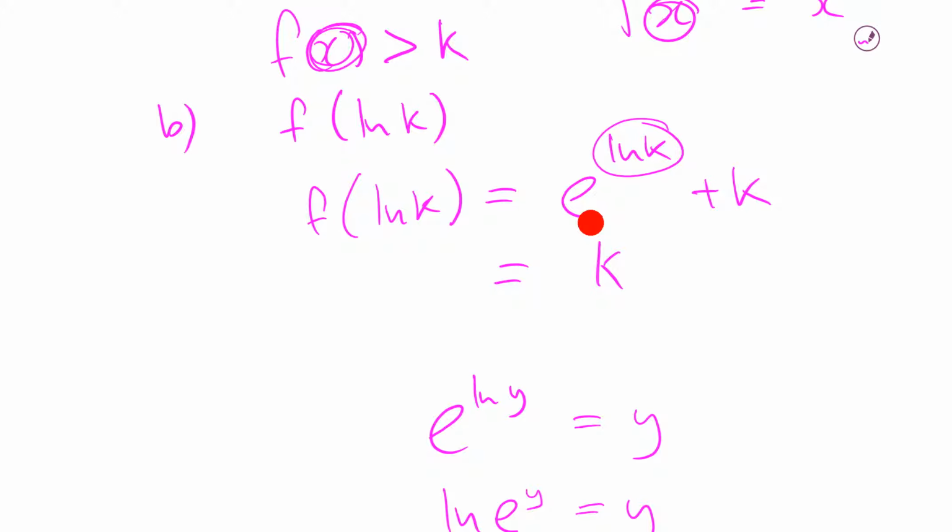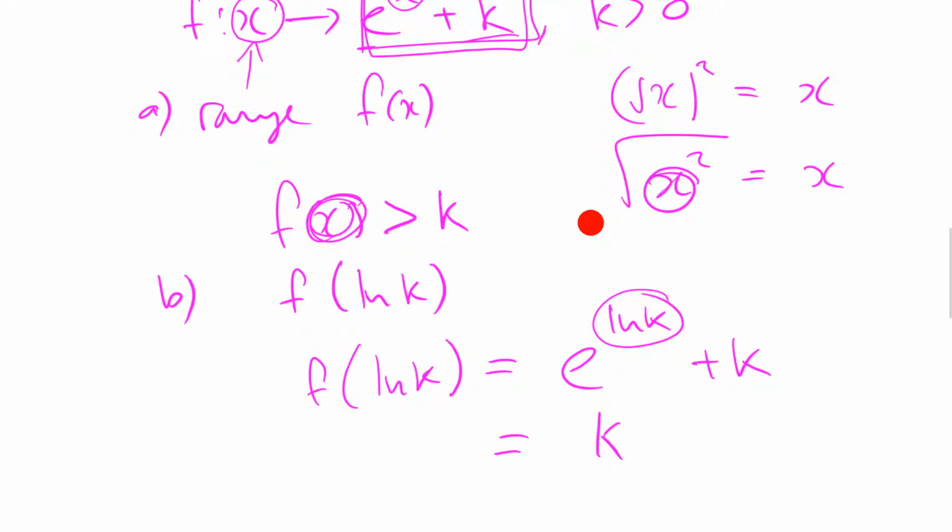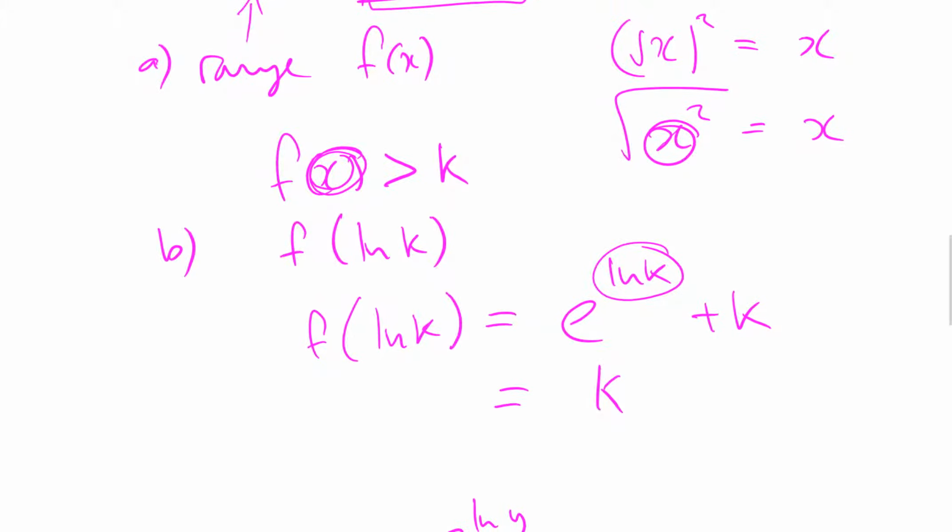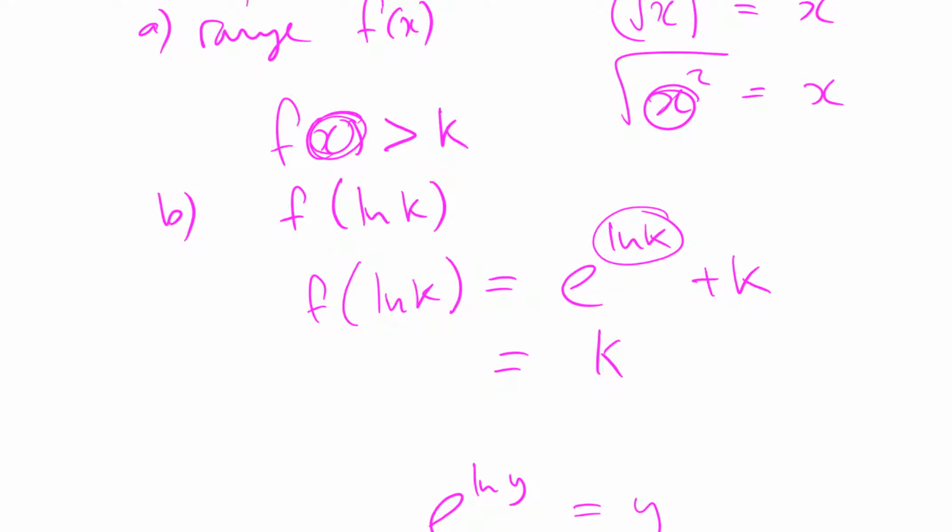They look weird because you're used to saying square root of x and x squared. You have to remember that ln and e to the are opposites, so that's how it works. So e to the ln k is k, and then you've got plus k, and that equals 2k.